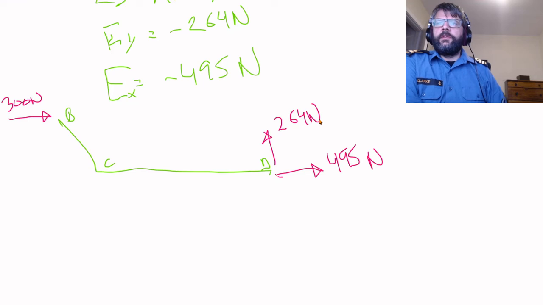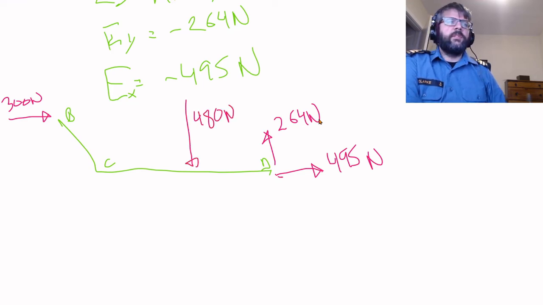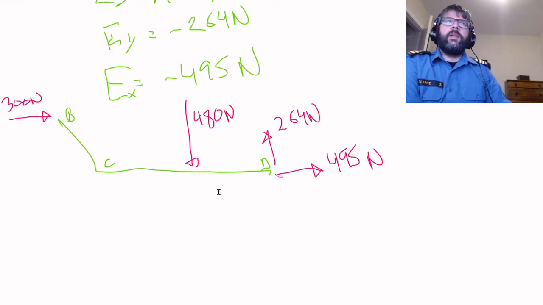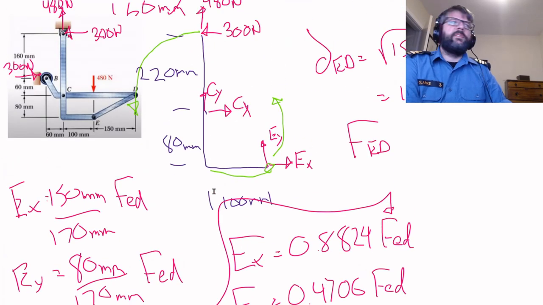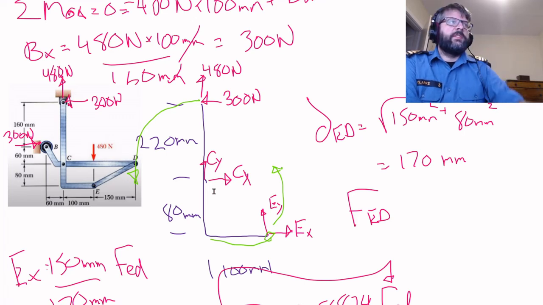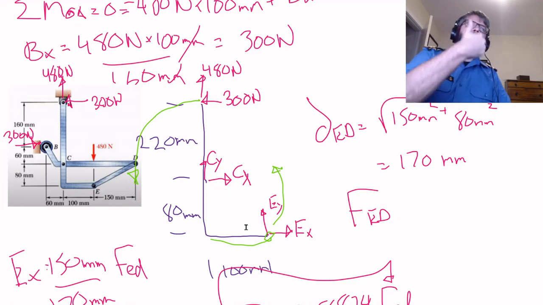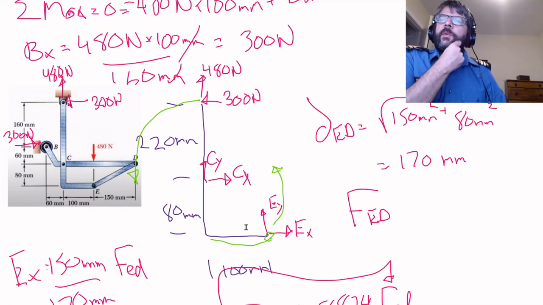And we've got the external load, the 480 newtons. And then we've got our two unknowns, Cx and Cy. Now again, keep in mind that when I originally defined Cx and Cy on this diagram, Cx is pushing in the positive x direction on bar ACE, and Cy is pushing upwards in the y direction on bar ACE.